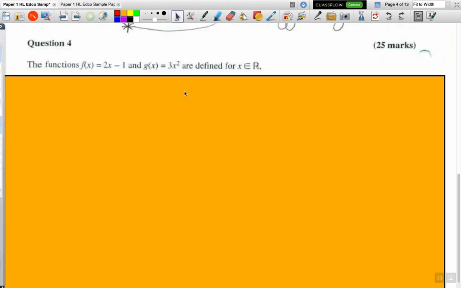Okay, we're now looking at question 4. I'm going to do the working out here and then reveal it to make it a little bit simpler for you.